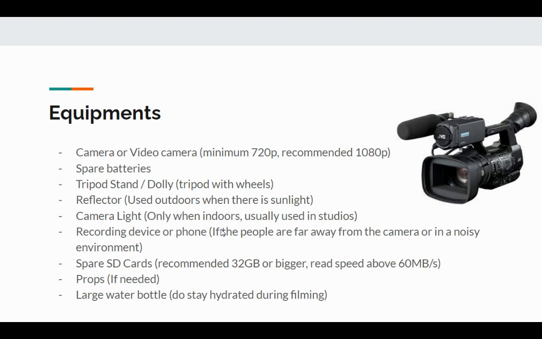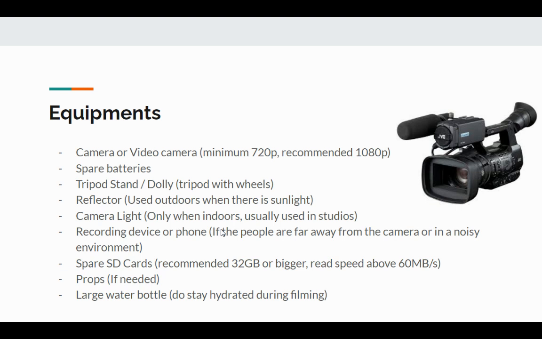Resolution, I would say I recommend 1080 pixels or even greater because it can be viewed when portrayed in a 16:9 ratio, which is the one you commonly use on YouTube or on television. It will appear clear enough.